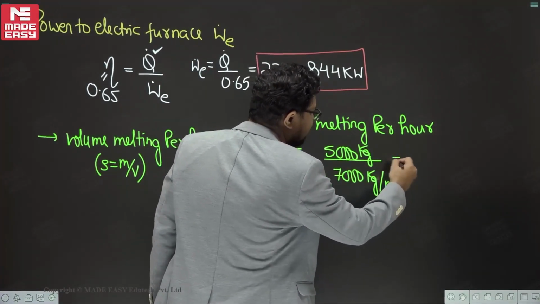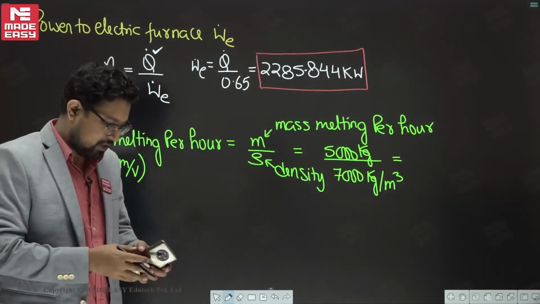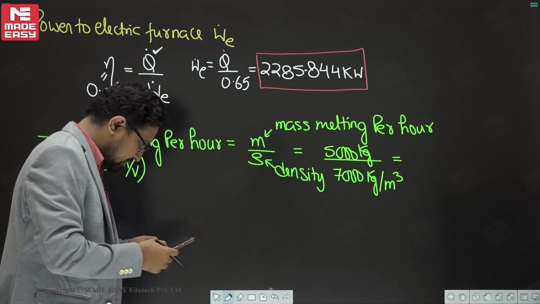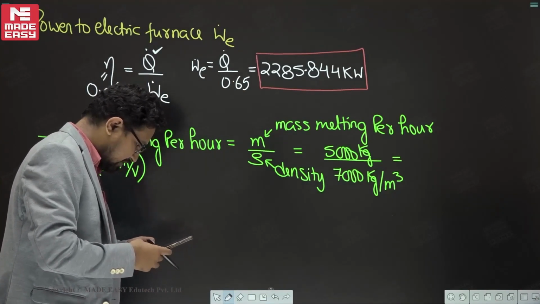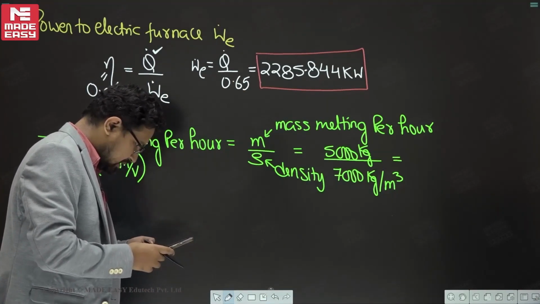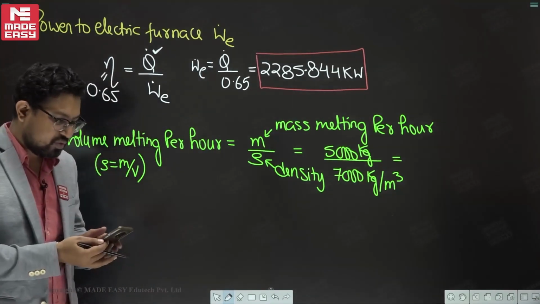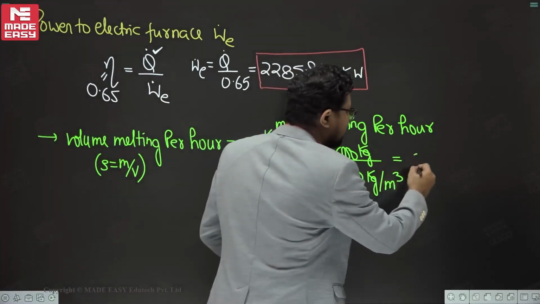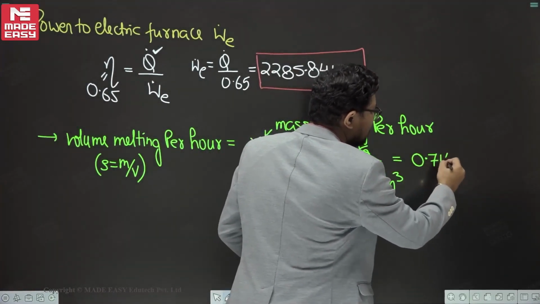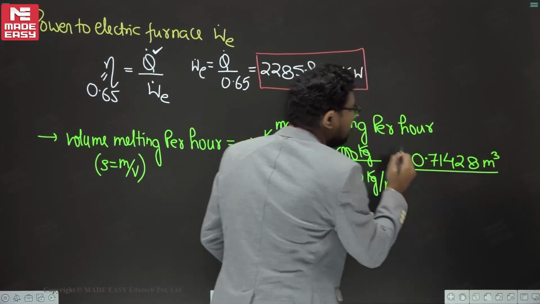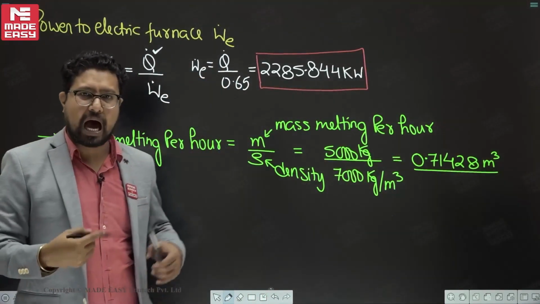So we will get the volume. Volume will come out to be 5,000 divided by 7,000, so it is 0.71428 meter cube. So this is the volume melting per hour.